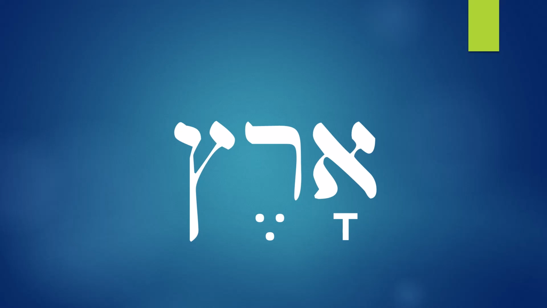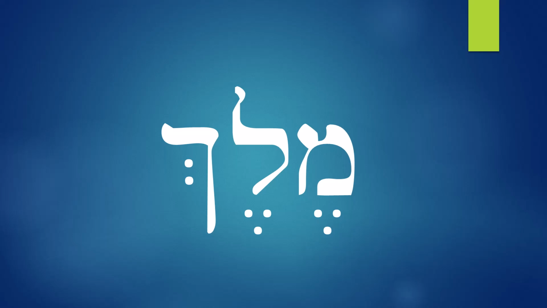You need to know the final forms. This one you're looking at here is a final form for Tzade, TS. So you have Arets. That's how you pronounce this word here. Arets. Let's move on. How do you pronounce this word here?